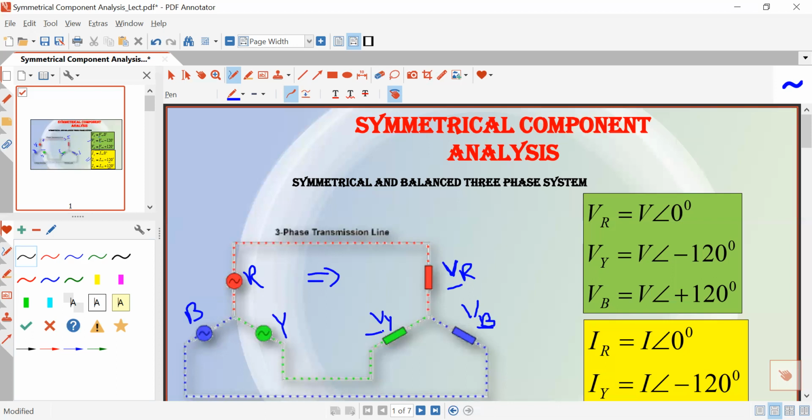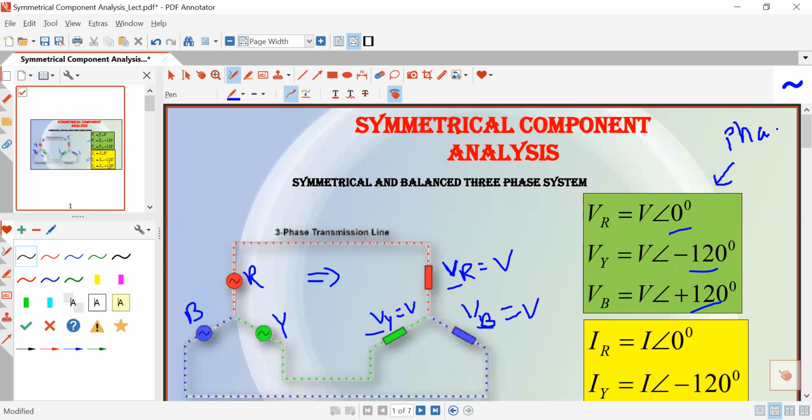and if these three phase voltages are balanced, then what does it mean? It means the magnitude of each phase voltage will be the same, and the angle or phase difference between any two phase voltages will be 120 degrees. So this is the mathematical representation of balanced three-phase voltage in phasor form.